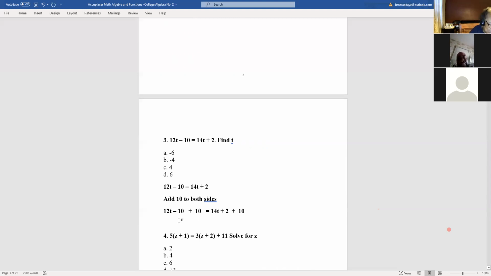Yeah, 12t, that's right, because minus 10 and plus 10 gives you 0. So let's see, what do we get on the right? Equal 14t plus 12. Okay. What do we do next?